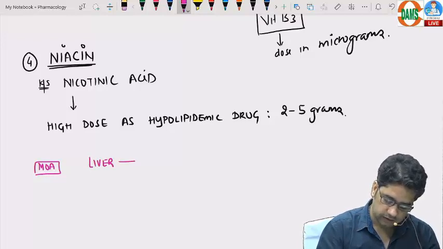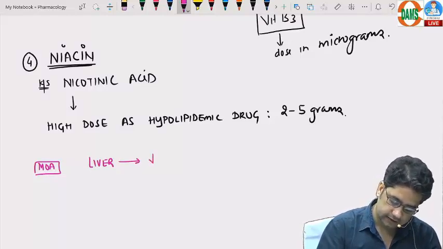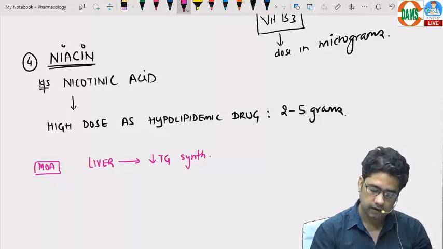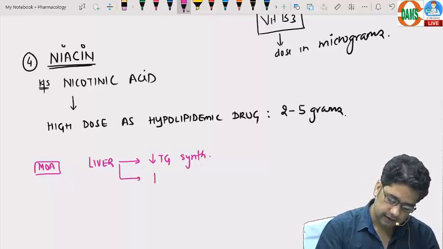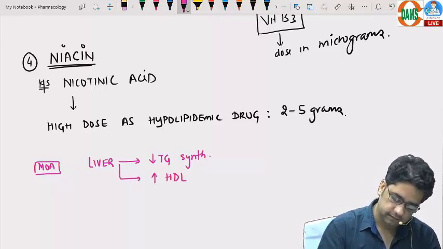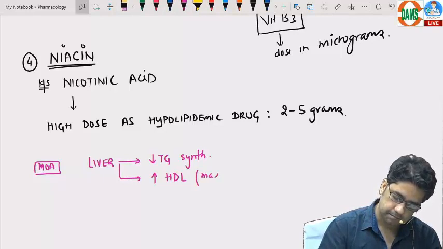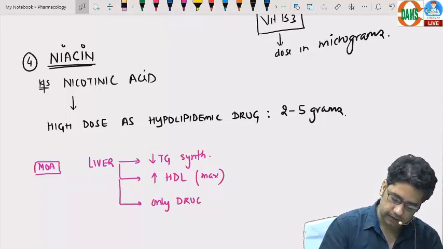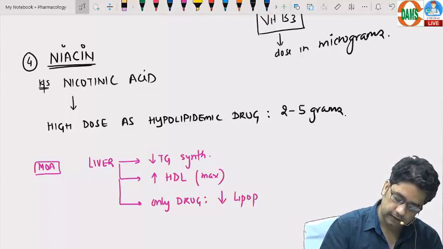In the liver, it decreases triglyceride synthesis. It increases HDL level (write maximum in brackets), and it is the only hypolipidemic drug which can decrease lipoprotein A level.